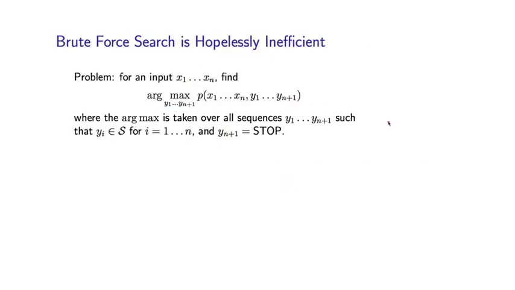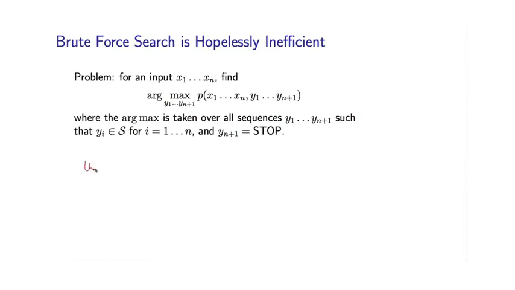So a first critical thing to realize, and a critical motivation for the Viterbi algorithm, is the observation that brute force search is going to be hopelessly inefficient in this scenario. By brute force search, I mean search through all possible tag sequences where we simply enumerate each tag sequence in turn. Let me illustrate this with an example.